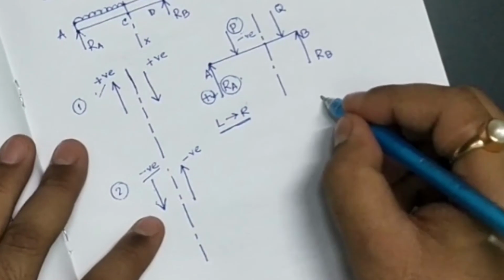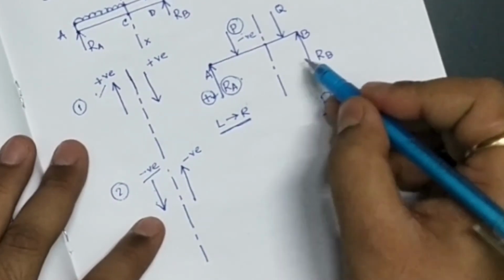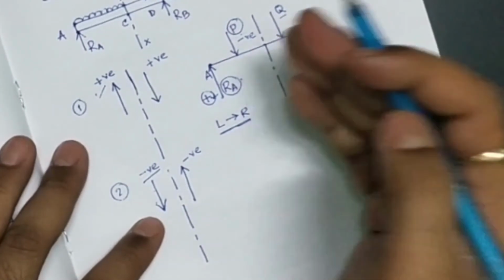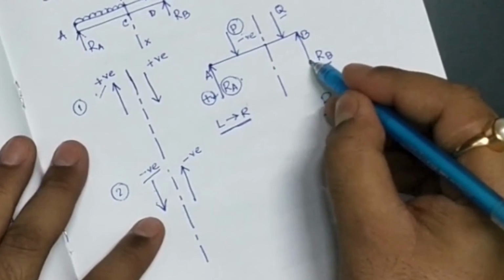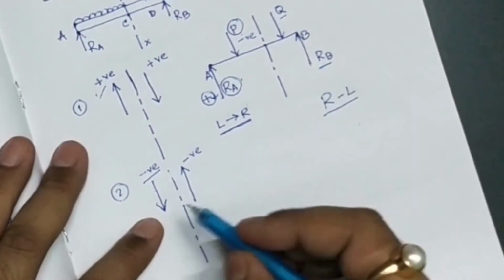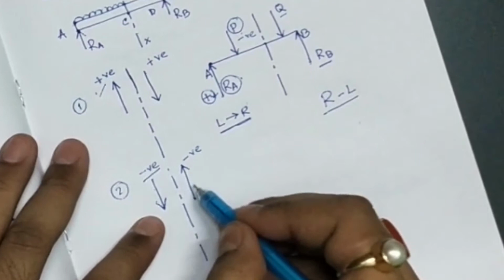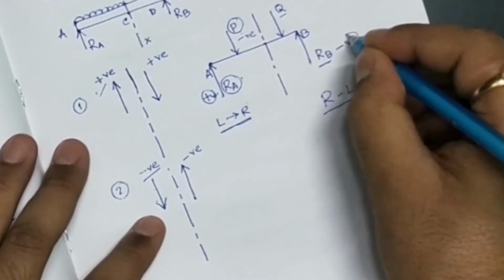Similarly, if you are moving from right to left, in this condition you can see RB and Q are the only forces which are acting towards the right of the section. So RB force is acting upwards. You can see here, if any force is acting to the right of the section and is acting upwards, this has to be taken as a negative one.